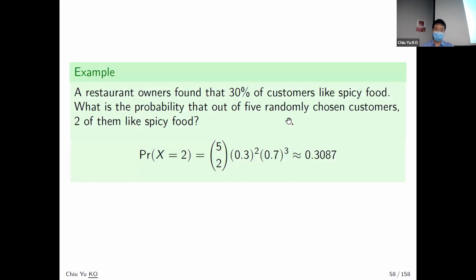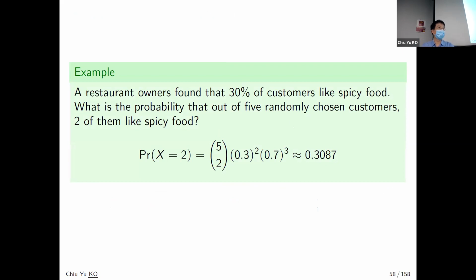Say this question is like, a restaurant owner wants to see what fraction of customers prefer spicy food, and you just try to see two of them are spicy food. It's a very useful thing because when things can be classified as yes or no, then it's binomial.